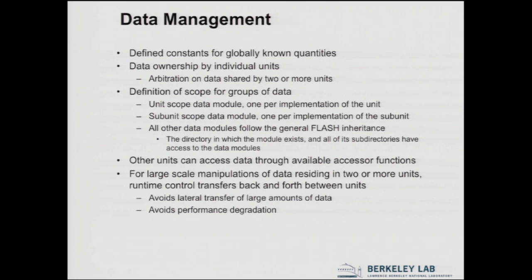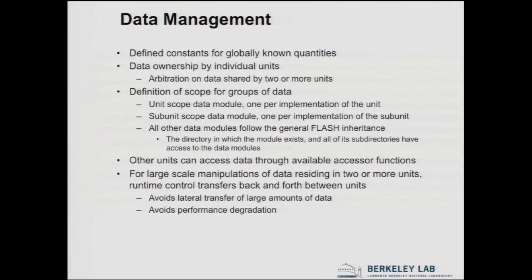Within the unit also, there are different scopes for different groups of data. For example, there is a unit scope data module, which is accessible to all of the functions within the unit. As you go into the subunit, there is a data module that is accessible only to that subunit, and anything outside of that subunit doesn't have direct access to it. It has to explicitly ask for it through accessor functions if it needs that bit of data.